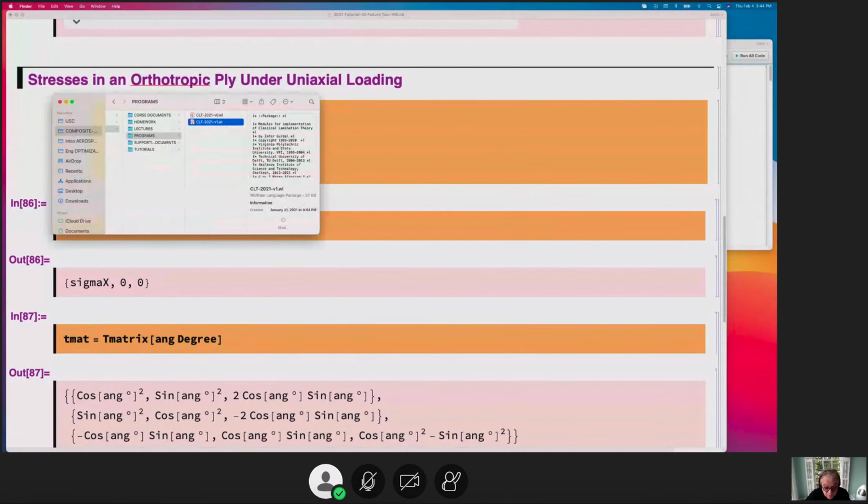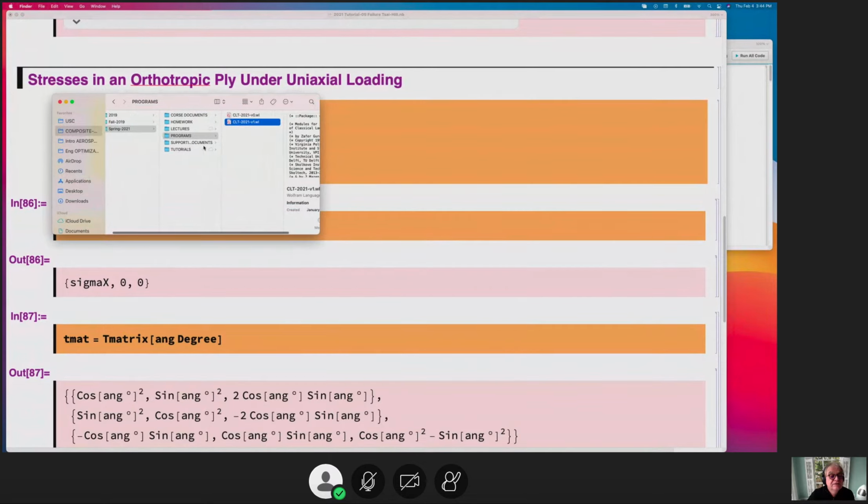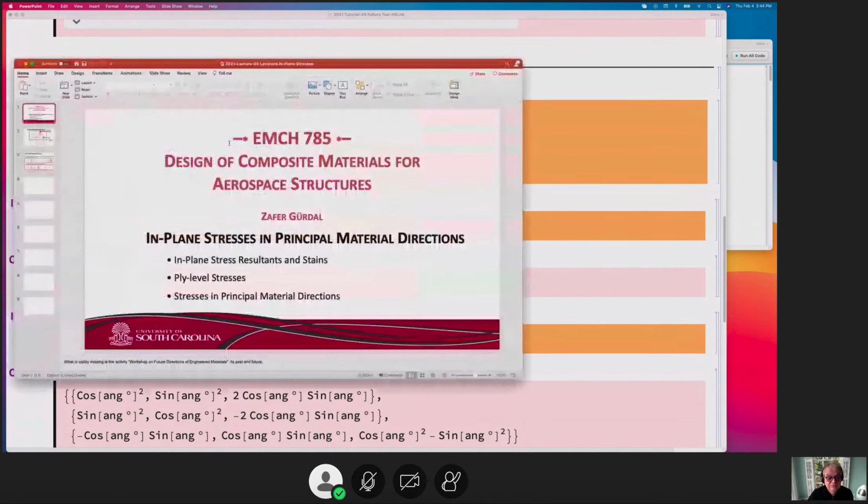Okay, I don't know if I needed to put this equation there, but that equation was from one of the tutorials, so I might as well put that also in here. No, from the lecture I can put it. Plane stress.